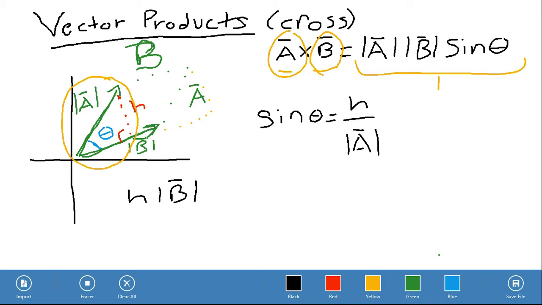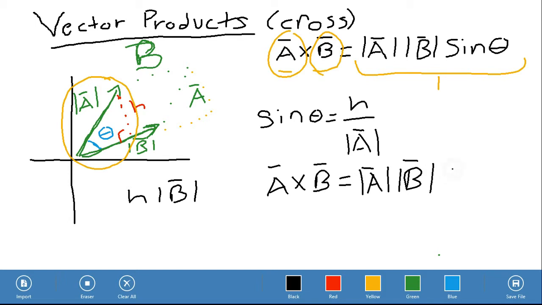Finally, we get that A cross B is equal to the length of A, times the length of B, times, plugging in for sine theta, h divided by the length of A. And I'm sure you can see now that we can cancel this term with this term, and what we'll be left with is just h times the length of B.